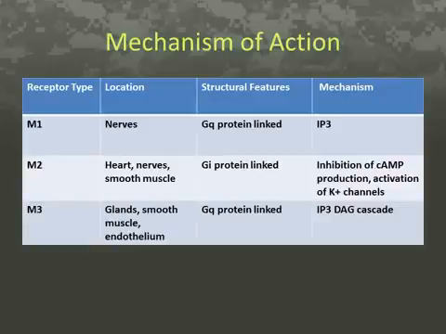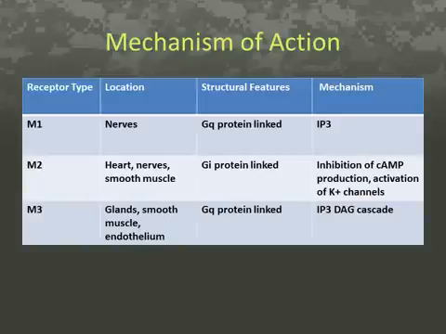Atropine is highly selective for the muscarinic receptors, yet does not distinguish among the M1, M2, and M3 subgroups, as some other drugs in this class are highly selective for a particular subgroup. The M1 and M3 receptors are Gq protein linked.